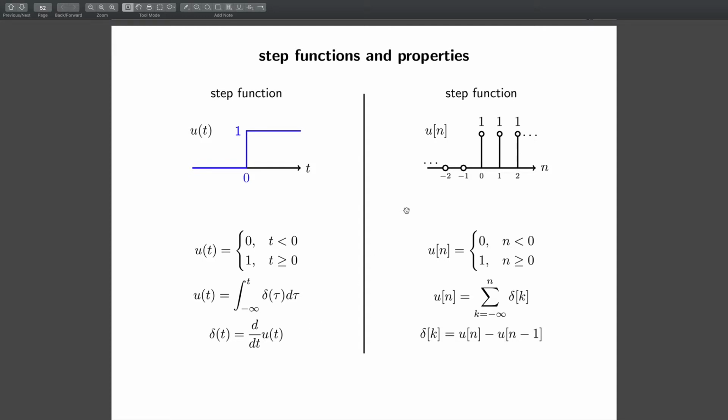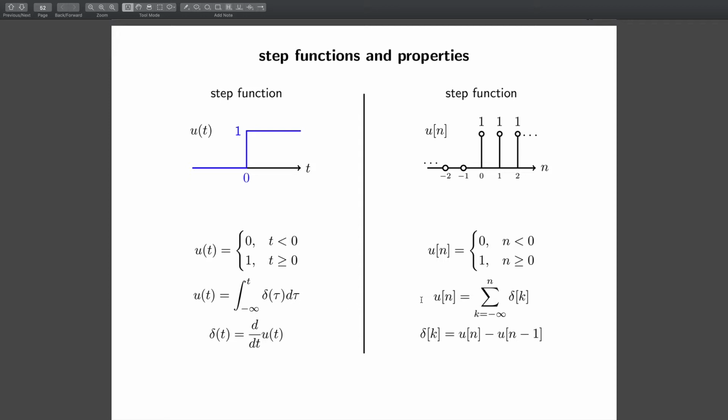If we go over to discrete time, the discrete time unit step function is 0 before time 0 and 1 from time 0 onwards. This is that piecewise definition stated mathematically, similar to the Dirac delta in continuous time.